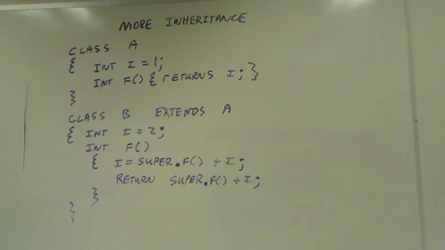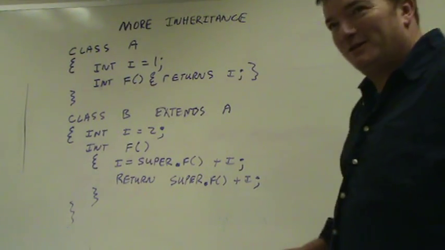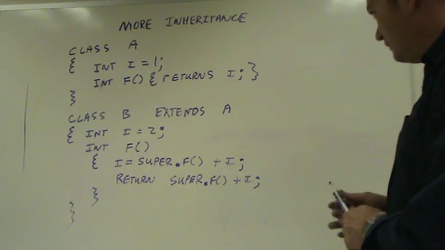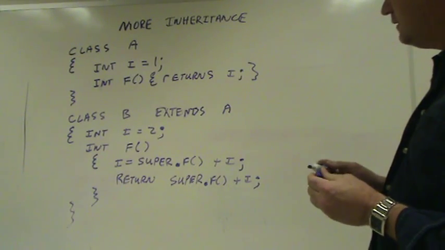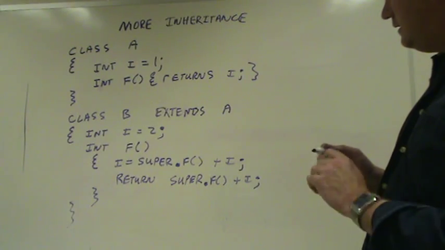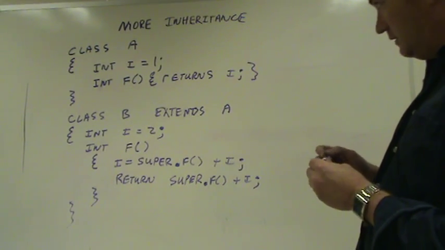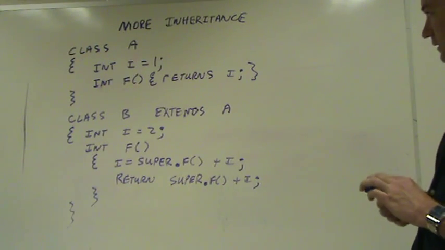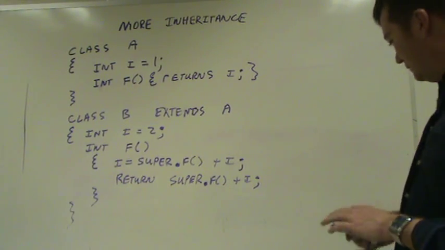Okay, so suppose you were given this on a quiz or a job interview or something like that. It's one of these follow what's going on questions. So what is going on? Let's see.